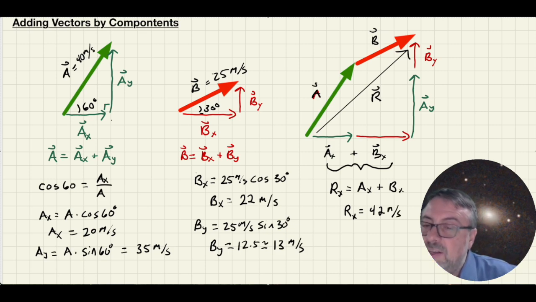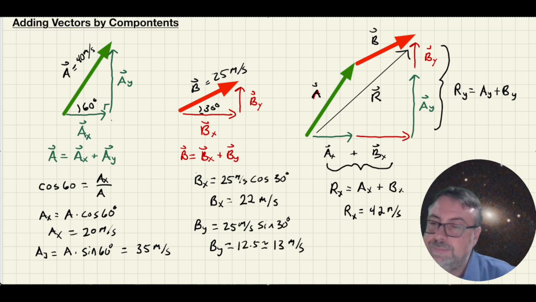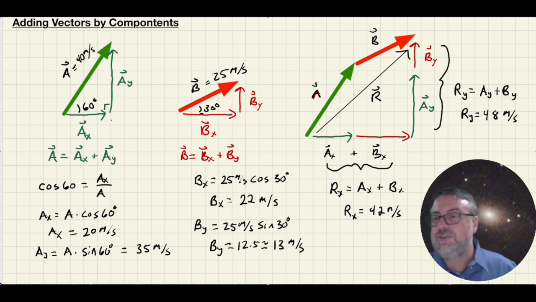Similarly, I define the y components added together to be equal to the y part of my answer. So that would be about 13 plus 35, so that makes it about 48. Well, that's not my answer. My actual answer is vector R, but at this point you can probably see how we're going to find out what R is.